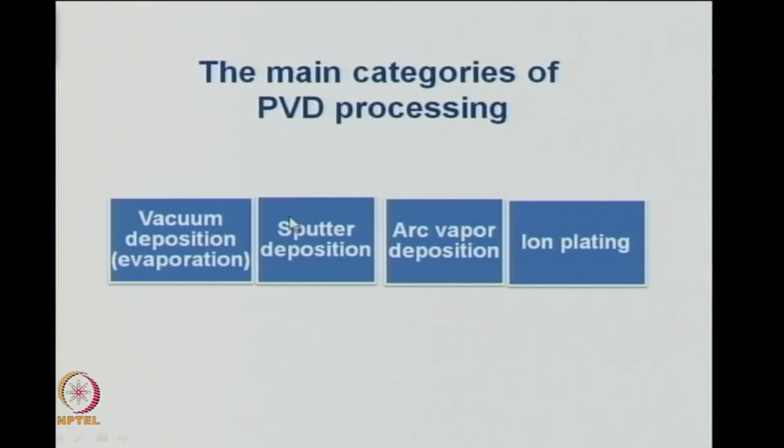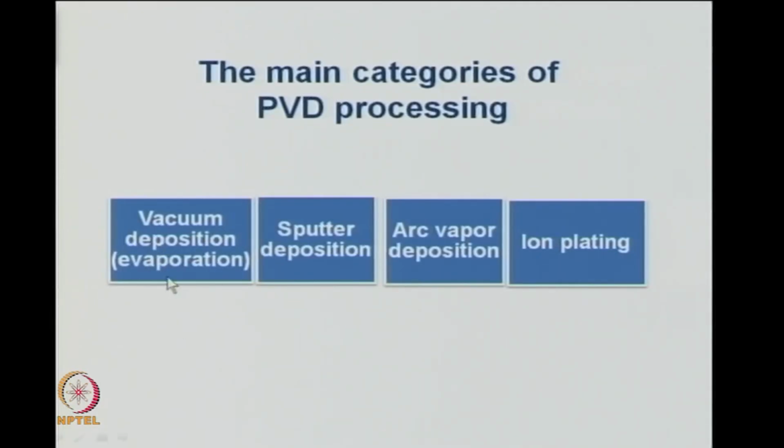The other is the sputter deposition technique. The third one is arc vapor deposition, and the fourth is ion plating. As you can see from the names themselves, you can get some idea of what is different among these four techniques belonging to the general PVD process.